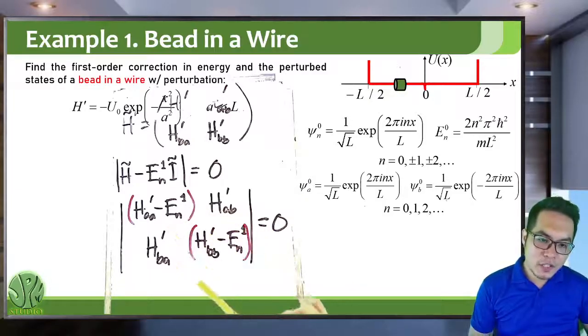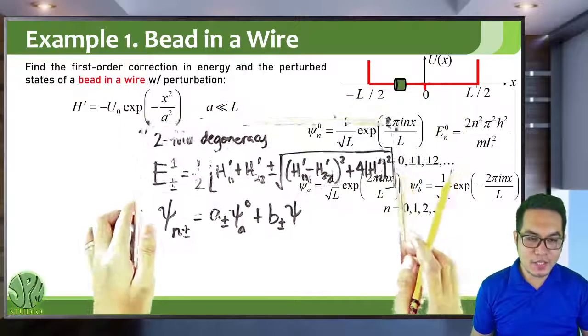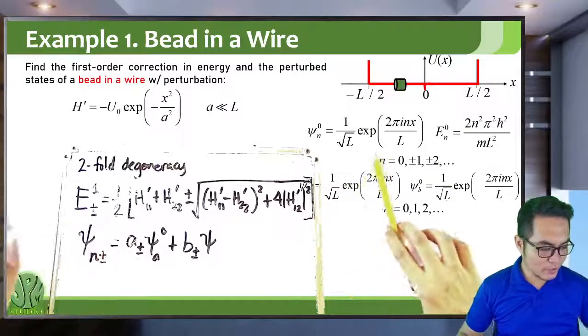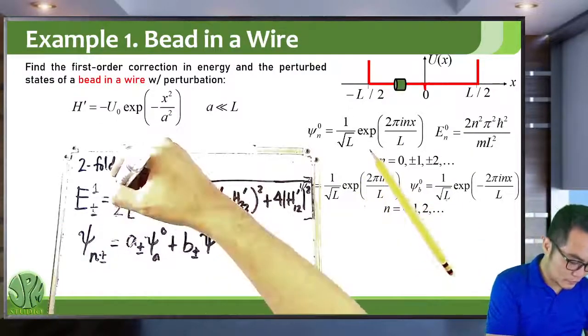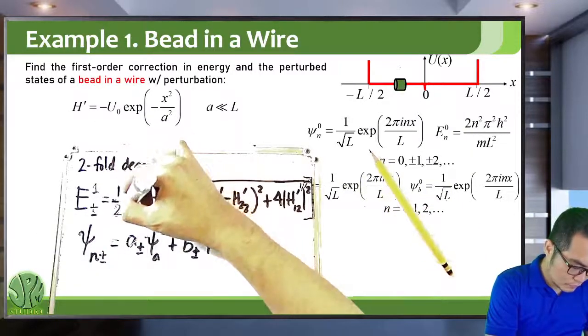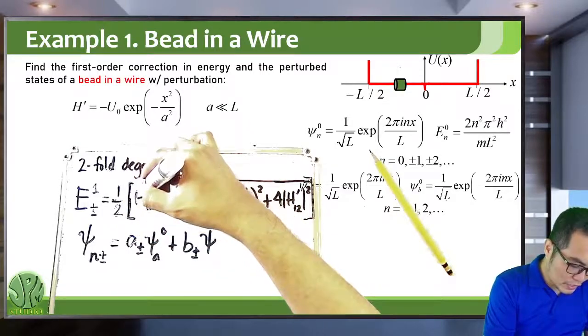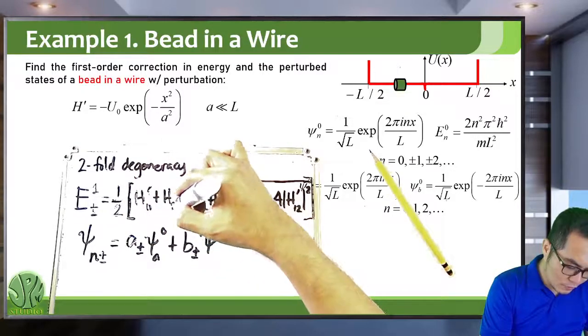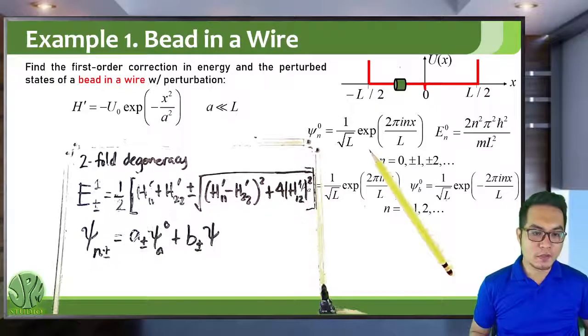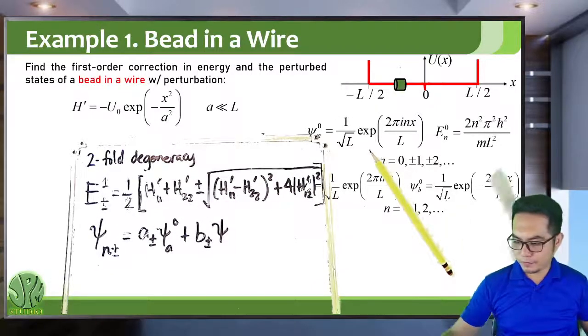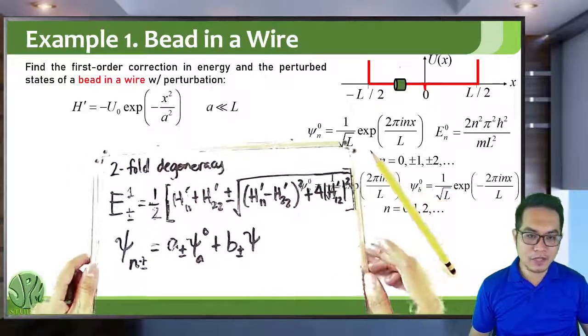And there's actually a shortcut to this. The shortcut to this is this formula for energy. So once we know the matrix elements, we can immediately use this formula to solve for the first order corrections in energy. Okay, let's try it.